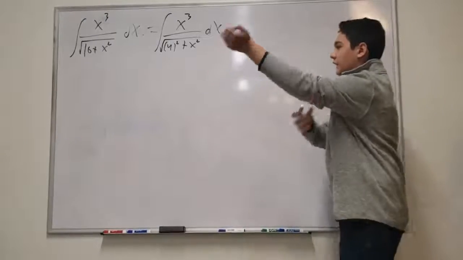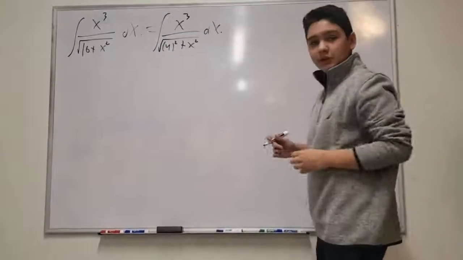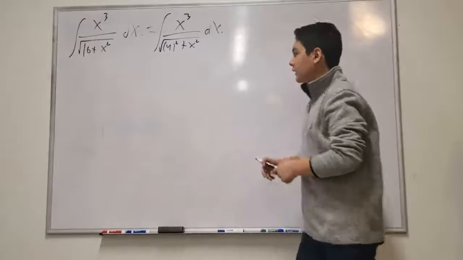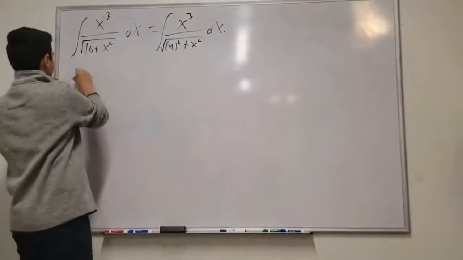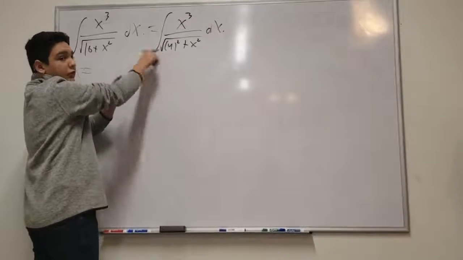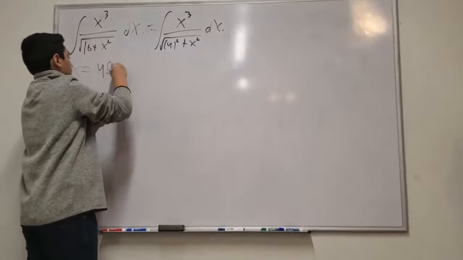So we now have it in our format: a squared plus x squared equals a sine theta. Right here is a. In this case, x is going to equal, since a is 4, 4 sine theta.